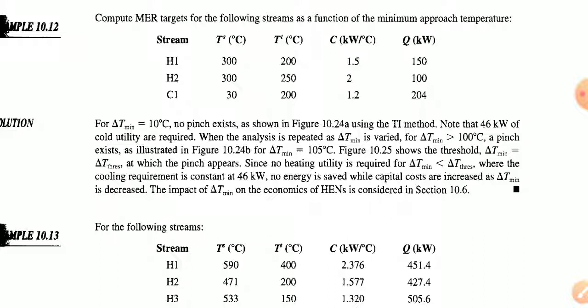And figure 10.25 shows that below the threshold delta T minimum, the cooling requirement is constant at 46 kilowatts. No energy is saved while capital costs are increased as the delta T minimum is decreased, and the impact of the delta T minimum on the economics of a heat exchanger network is considered in section 10.6.